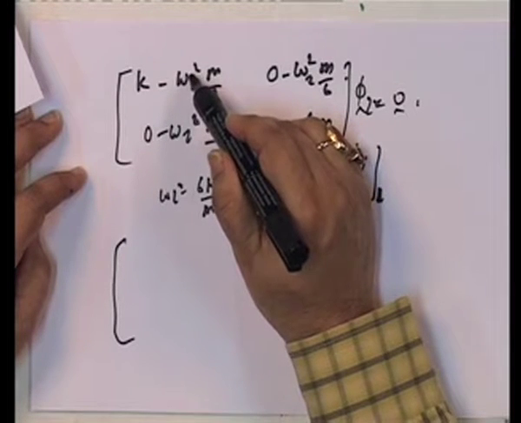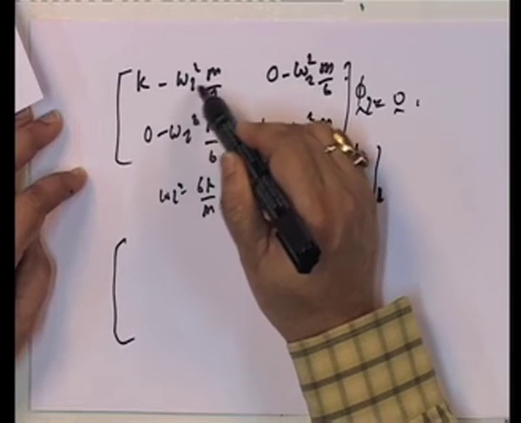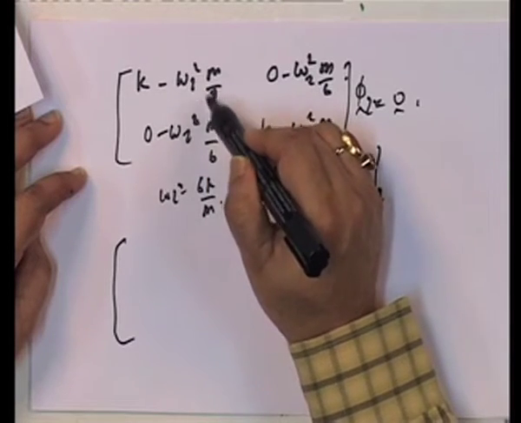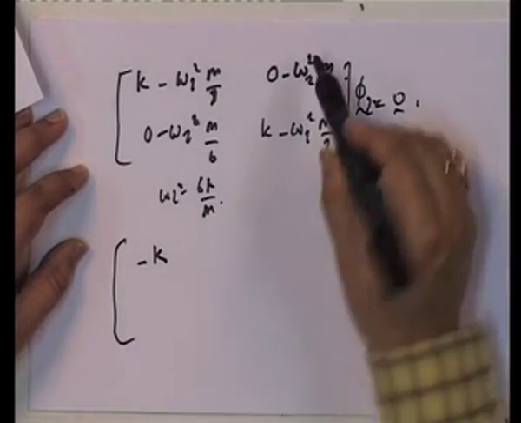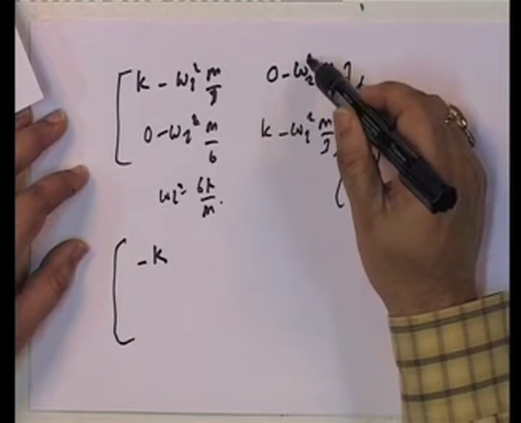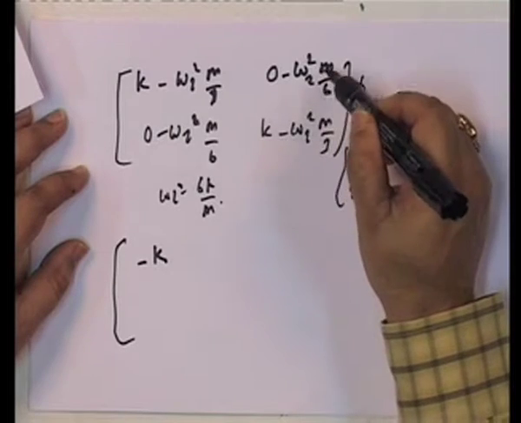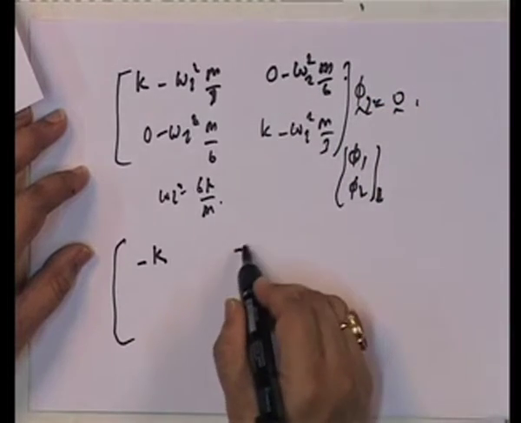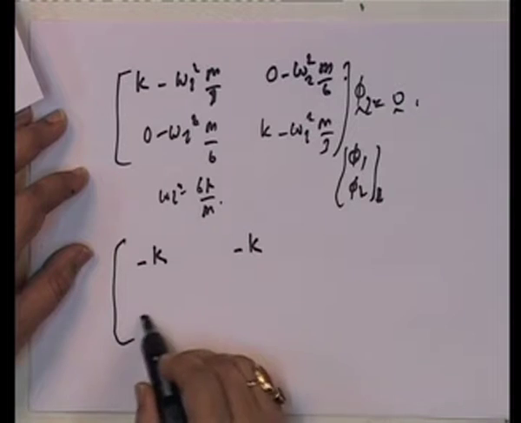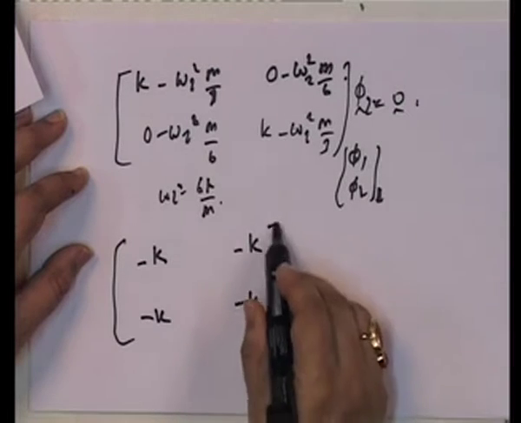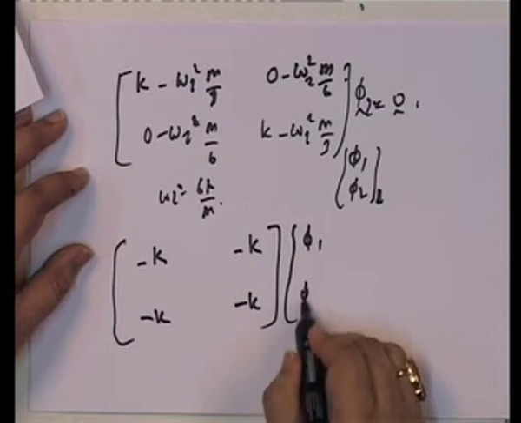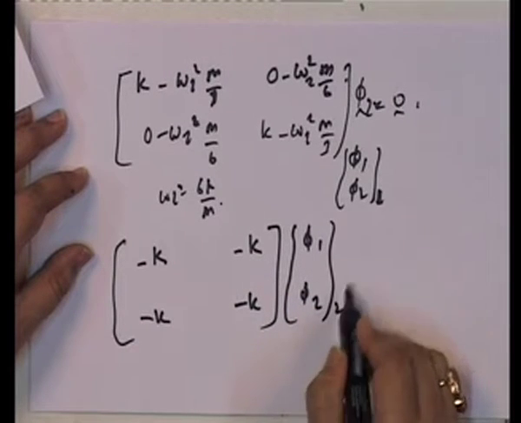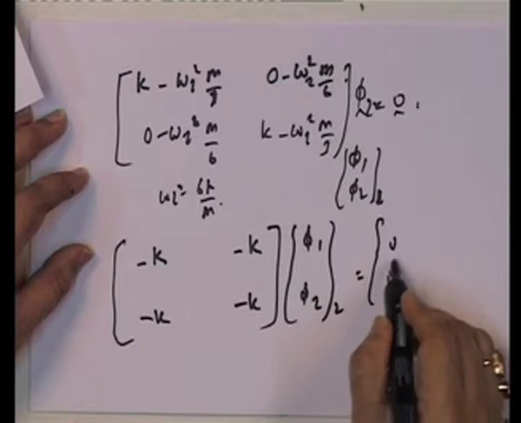So, 6k here, m cancel, 6k, this is 6 2. So, this becomes minus k. Similarly, this is minus k, this is minus k. Phi 1, phi 2 of 2 is equal to 0 0.